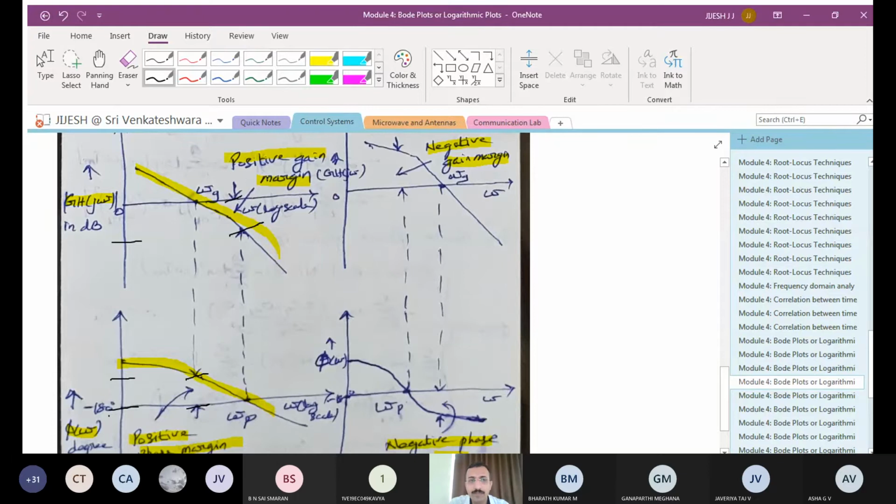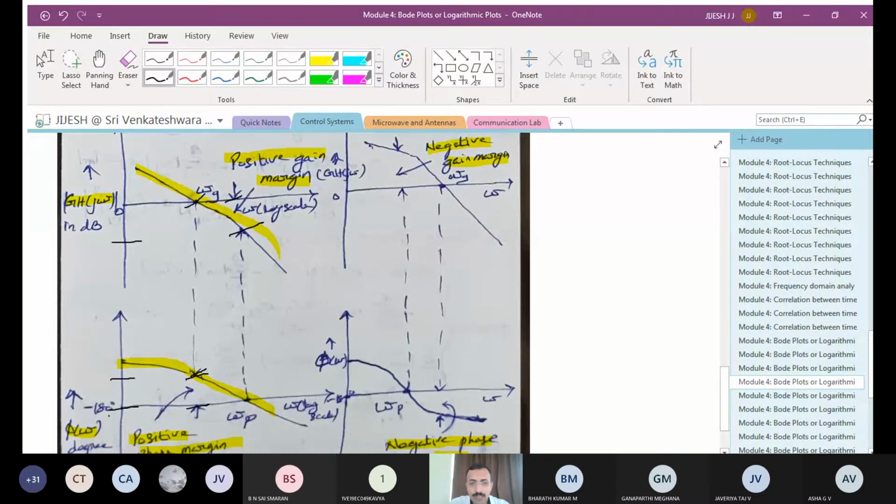So how do we get it? You need to see the crossover. You are going to plot this magnitude plot, and you see that there is a crossover here. Crossover means this line is going to cross the zero axis. Then from there you have to put some dotted lines, and it will meet the phase plot at one particular point.